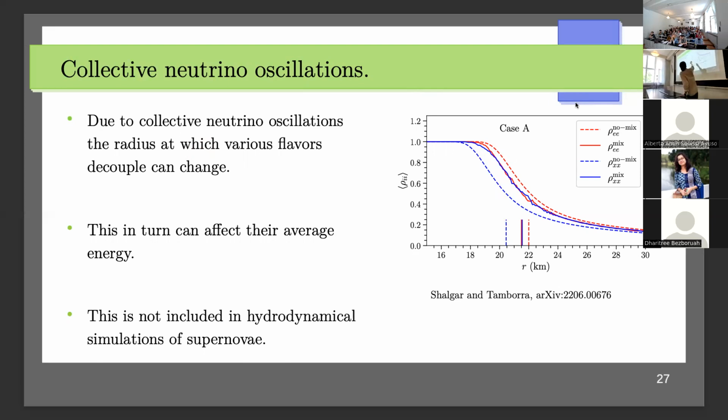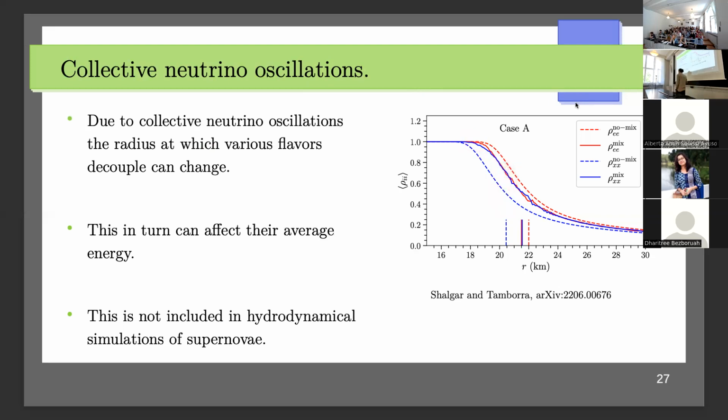So as you can see here, at very small radius, the neutrino number density is almost constant. That means they are trapped. And at some radius, they will start falling because they have become decoupled. Now, if we include neutrino oscillations in this decoupling phenomenon, then what you see is that the radius of decoupling has changed.